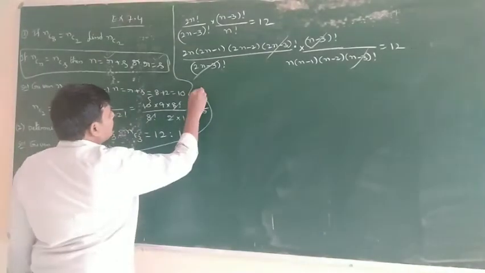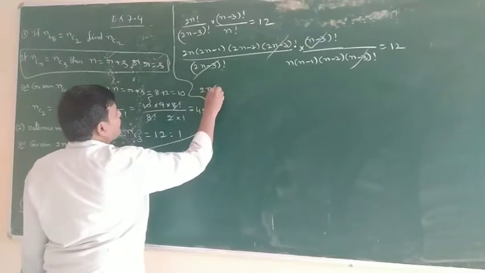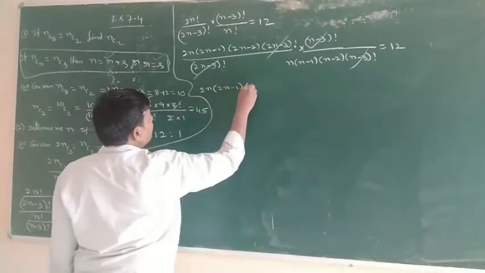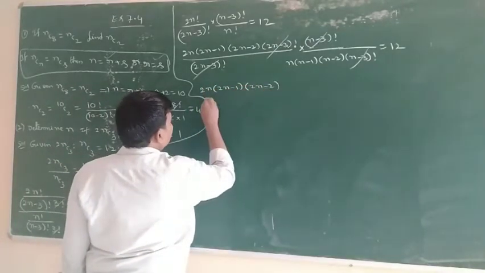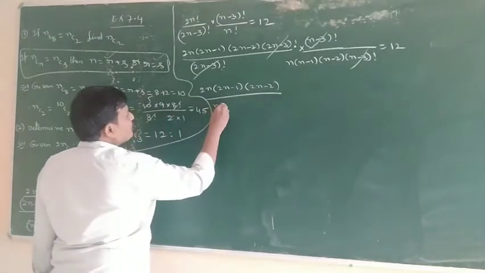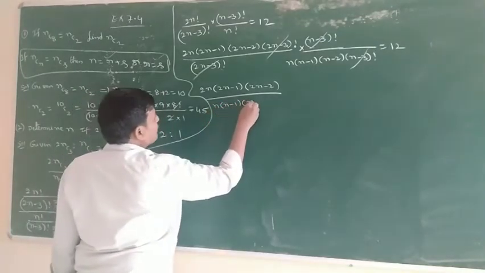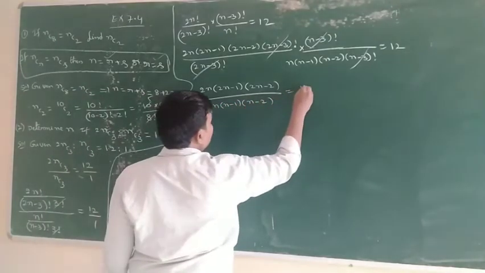So, 2n into 2n minus 1 into 2n minus 2 by n into n minus 1 into n minus 2 is equal to 12.